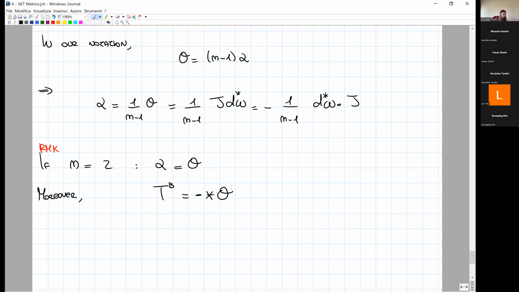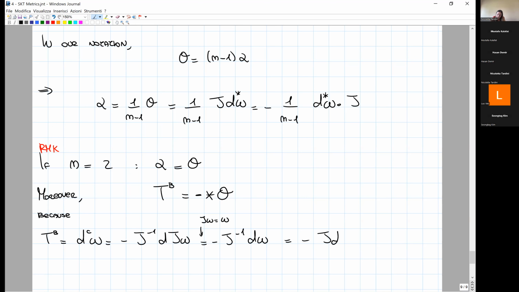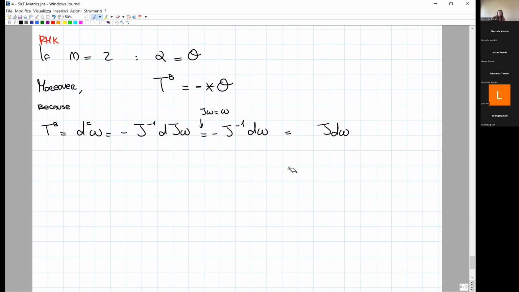And it is kind of easy to see, because the torsion of the Bismut connection is d^c of omega, so minus J^(-1) d J of omega. So this is minus J^(-1) d omega, because J of omega is equal to omega. And so this is J of d omega, since J squared is minus the identity over 3-forms.